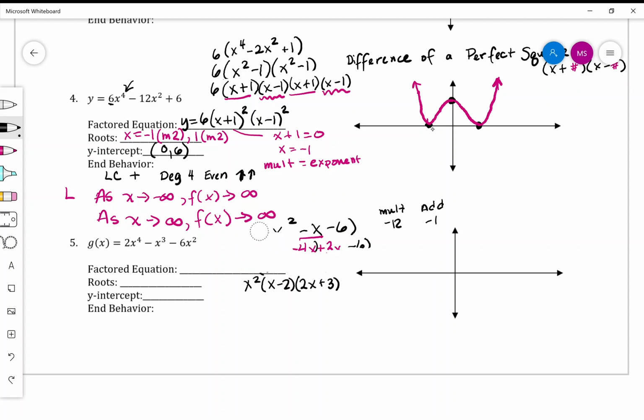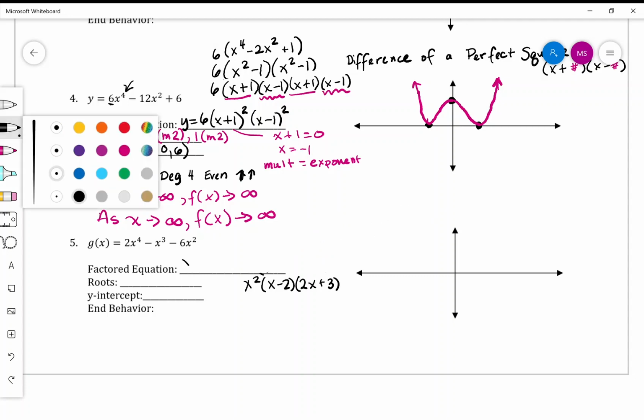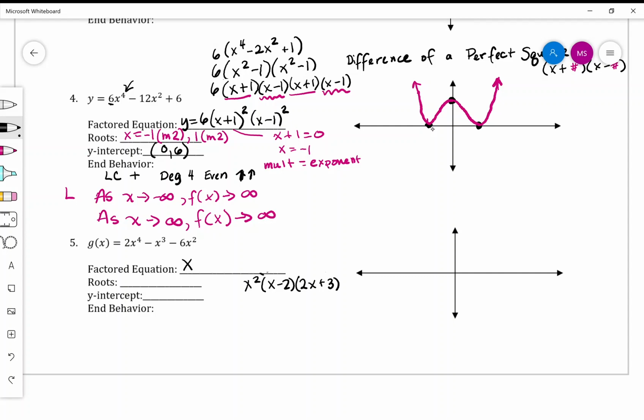Right, and then erase this part so we can graph. All right, so back here, x squared. Ooh, I forgot to write g of x equals x squared, x minus 2, 2x plus 3. All right, so that's our factored form.